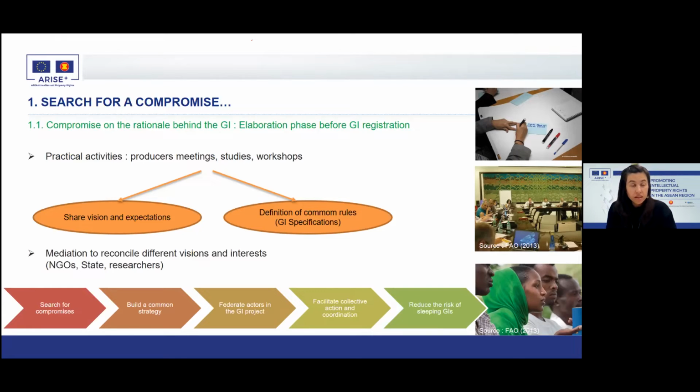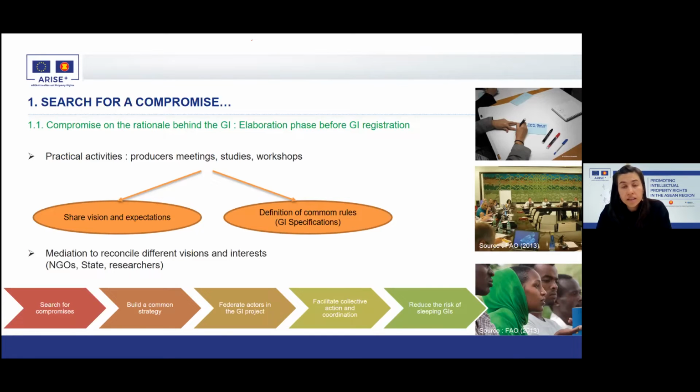The process of meeting, of the studies and of negotiating together should be oriented towards searching for compromises to build a common strategy. So this common strategy will help to gather and federate actors for the GI project and facilitate collective action and coordination of activities.